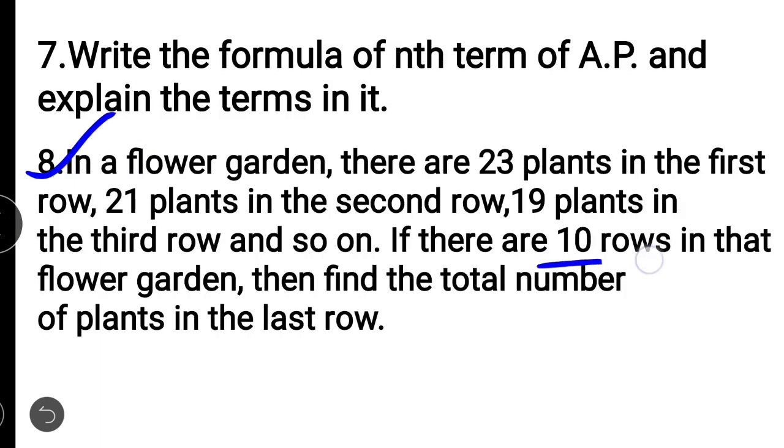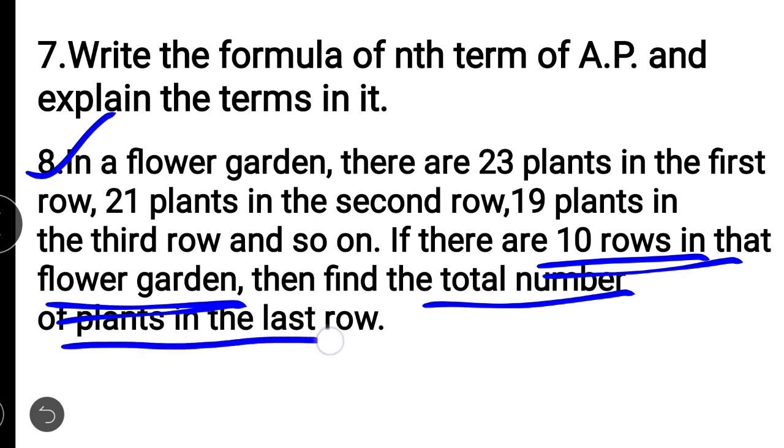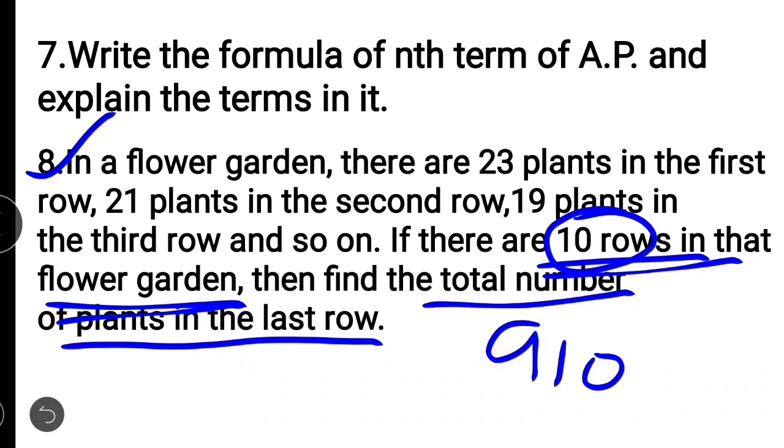If there are 10 rows in that flower garden, then find the total number of plants in the last row. So what is the last row number? Yes, of course, 10. So indirectly he is asking what is A10.